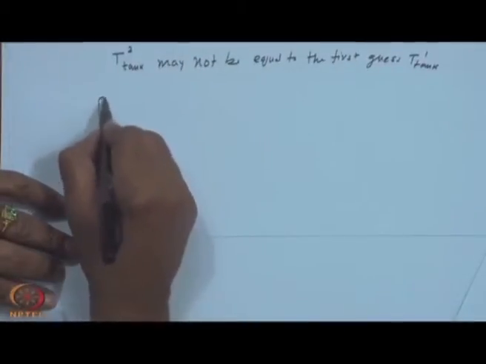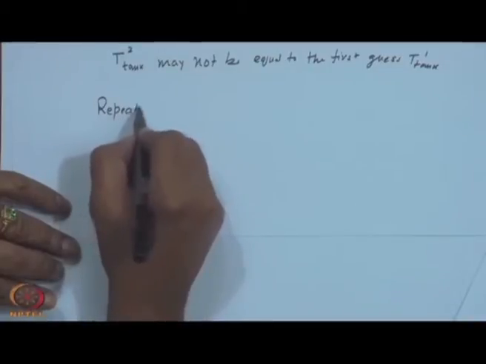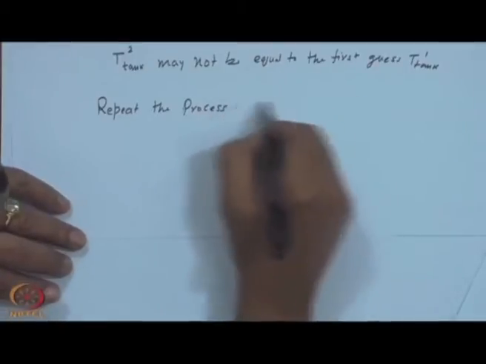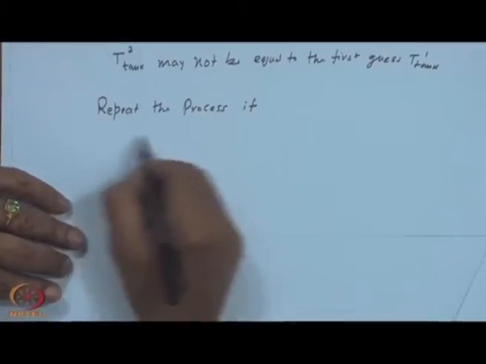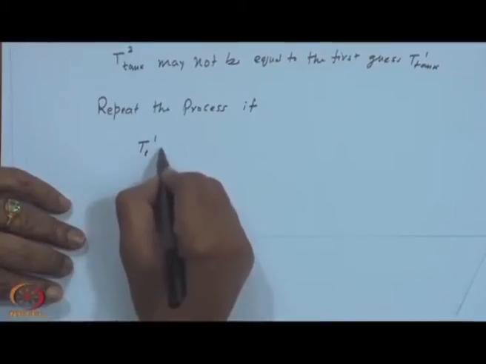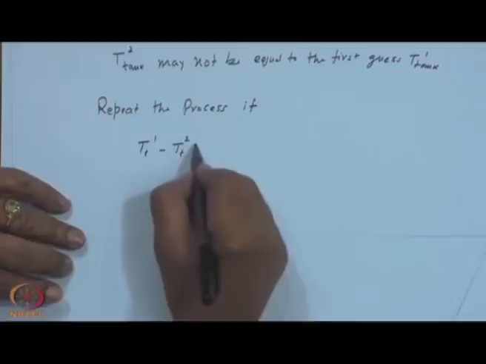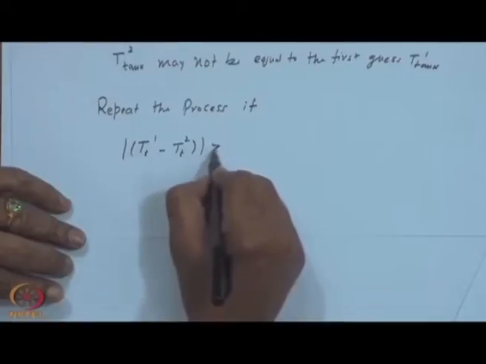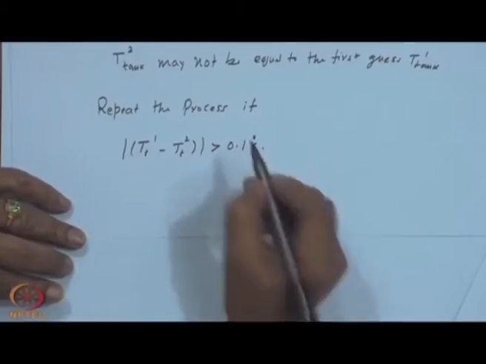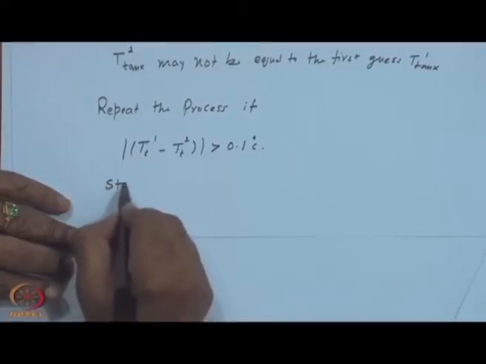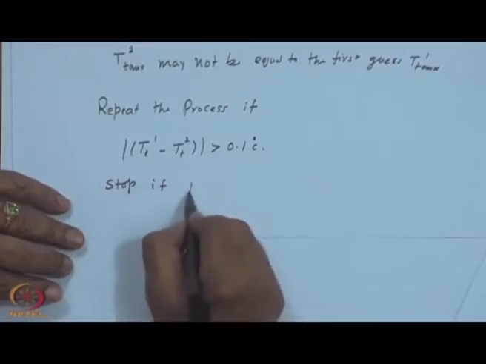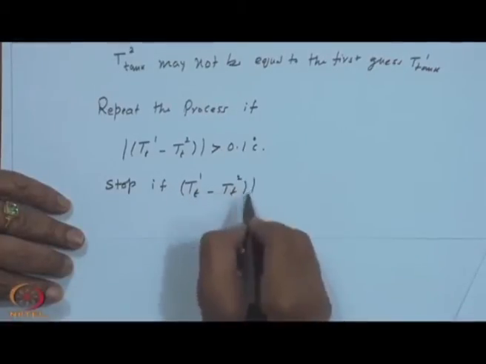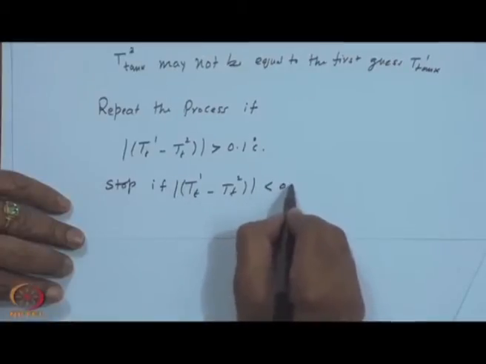So, repeat the process. If modulus of T tank 1 minus T tank 2 is, let us say, greater than 0.1 degree C, continue, or stop if modulus of T tank 1 minus T tank 2 is less than 0.1.